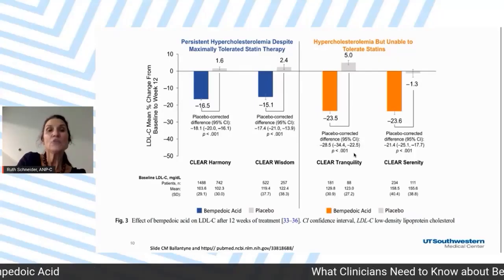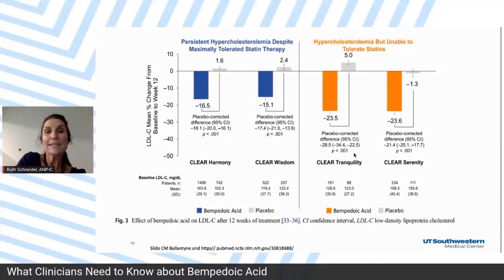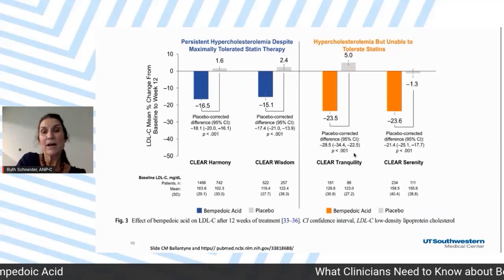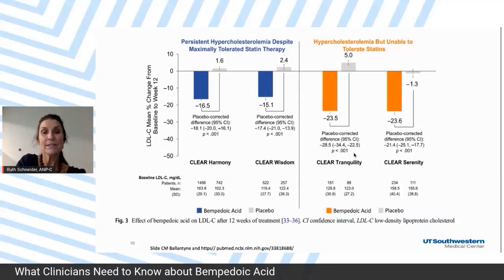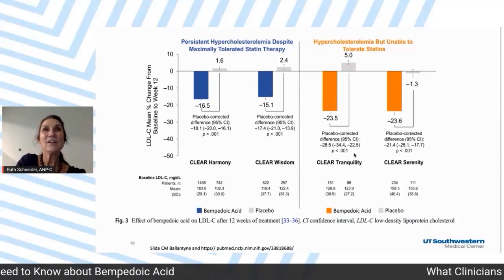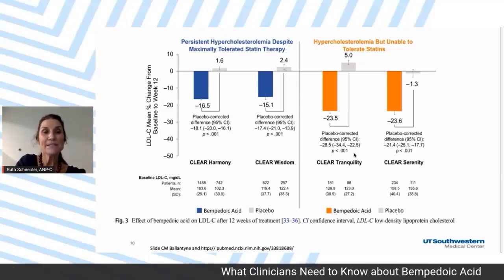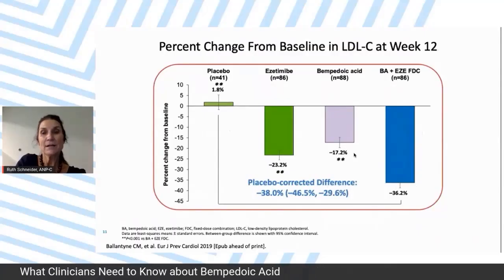Clear Wisdom dropped the LDL by a placebo-corrected 17.4%. Clear Tranquility dropped LDL by 28.5%, and Clear Serenity dropped the LDL by 23.6%. So as you can see, bempedoic acid does what it's supposed to do. It drops LDL.